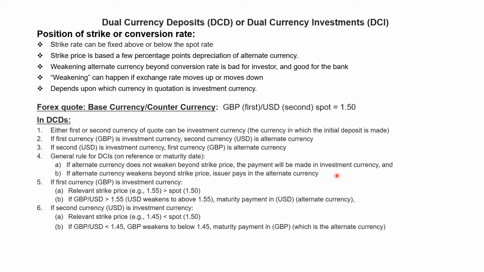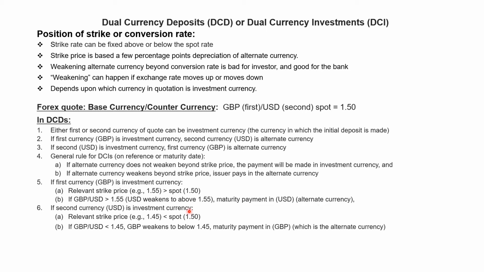If the first currency GBP is the investment currency, the relevant strike price, for example 1.55, will be set above the spot, which we saw was 1.50 in our example. The maturity payment will be made in the second currency, that is the USD, which is the alternate currency, if the second currency weakens above 1.55, the conversion rate. That is, if the USD weakens beyond 1.55, then the issuer will make the repayment in US dollars.